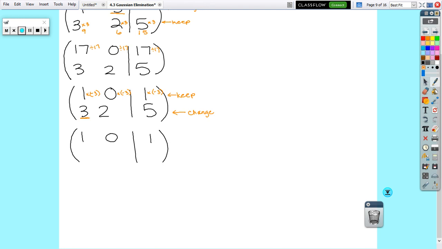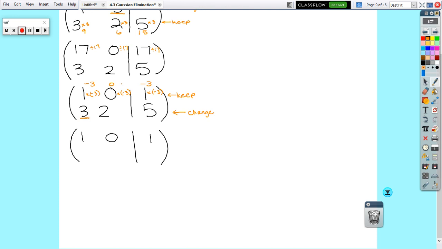We're not doing anything with that top row. Once we reach this goal, we don't want to change it. Okay? So again, I'm just going to write up above what happens when I multiply everything here times -3. So this would be -3, this would be 0, this would be -3.